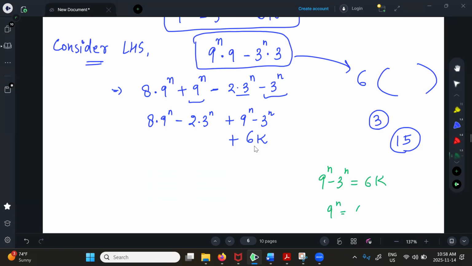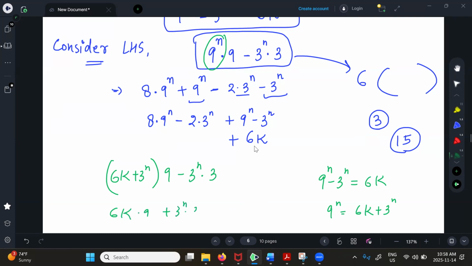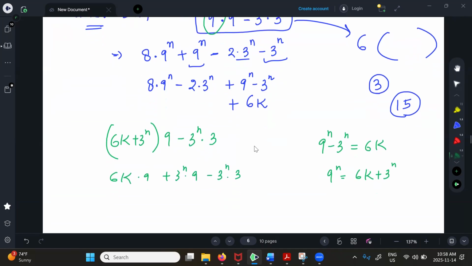So he's saying do this: 9 to the n equals 6k plus 3 to the n, and then plug it in here. 6k plus 3 to the n times 9 minus 3 to the n times 3. Oh, I see it. Yeah, so that is working out, right? 6k times 9 plus 3 to the n times 9 minus 3 to the n times 3. I can take 3 to the n common. This is 9 minus 3, which is 6.